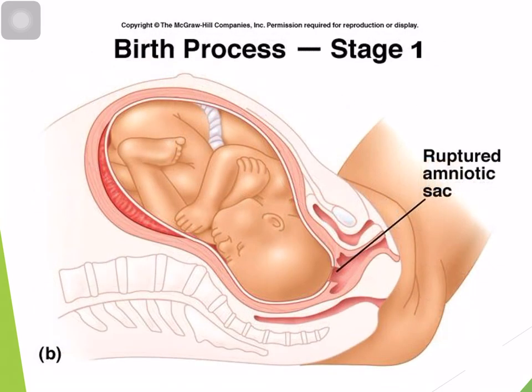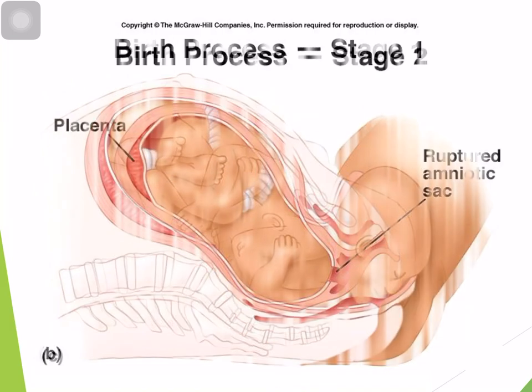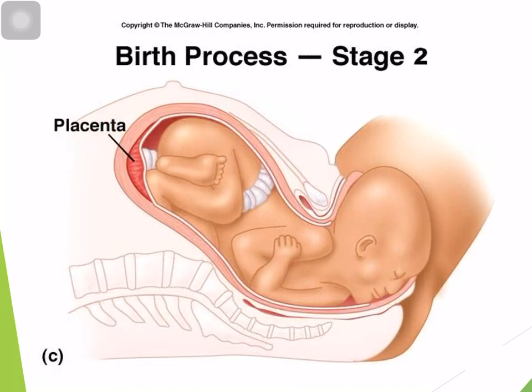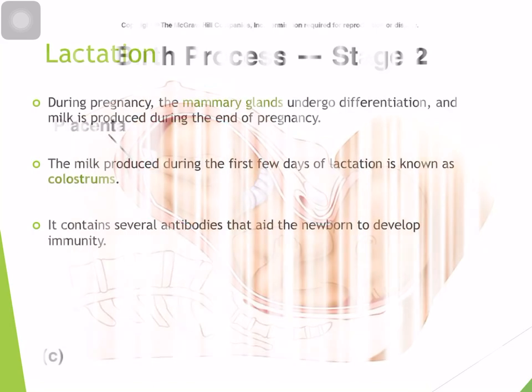And this is stage 1, when the amniotic sac is ruptured and the fluid will come out. This will be the intimation that the baby is about to be delivered. And then the second stage, the head region is coming out. So this is how the baby's birth takes place.